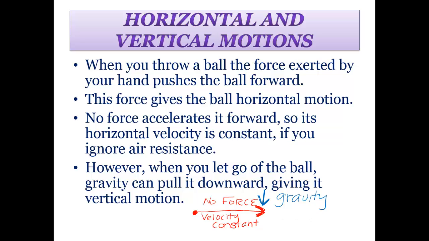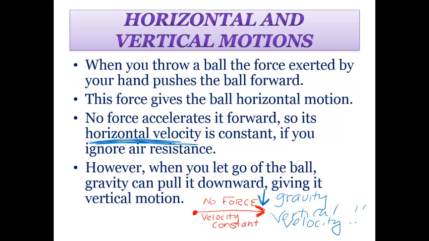There's no horizontal acceleration, that's kind of the key there. There's constant horizontal velocity, but there is vertical acceleration. And that's what gives an object a curved path when you throw it.